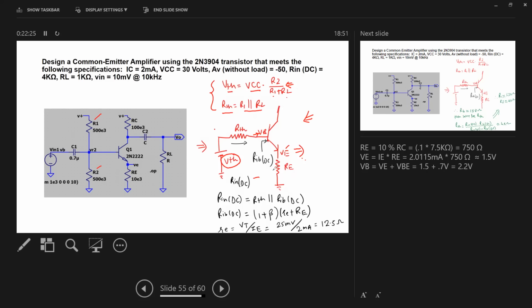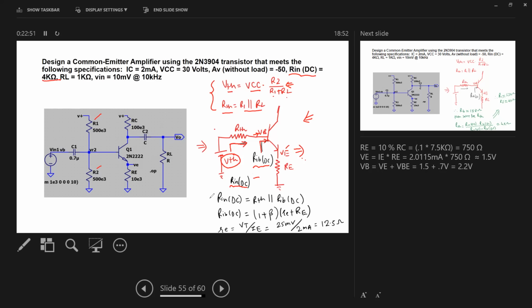Now there are two things to understand here. So one is the value of the input resistance RIN at DC, which is given in the specification, that is 4 kilo ohm. I know that. And then there is a second resistance, that is the resistance we get by looking into the base at the DC, that is called RIB.